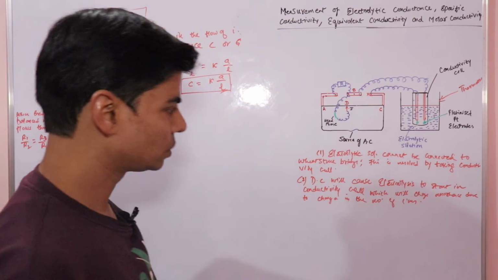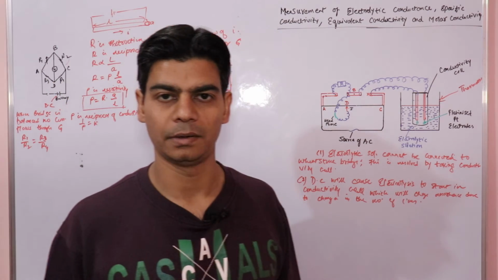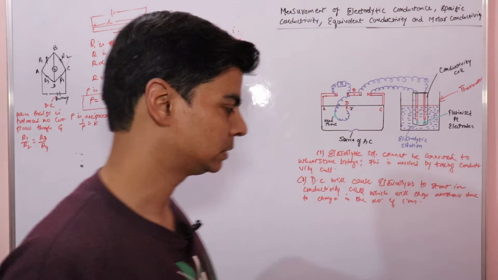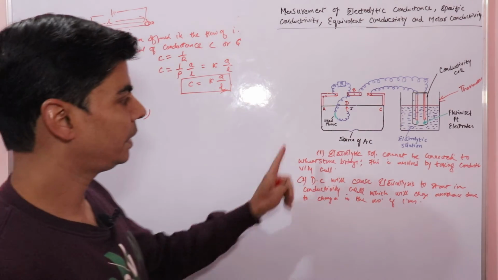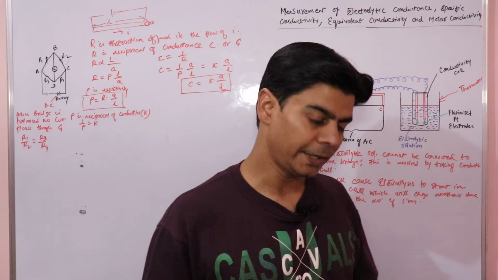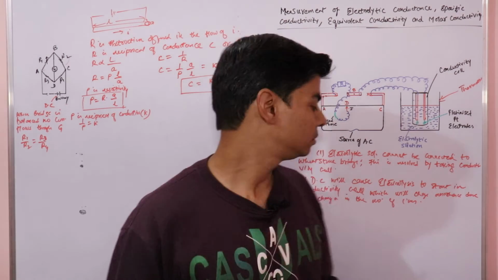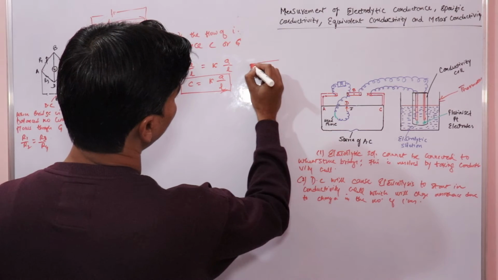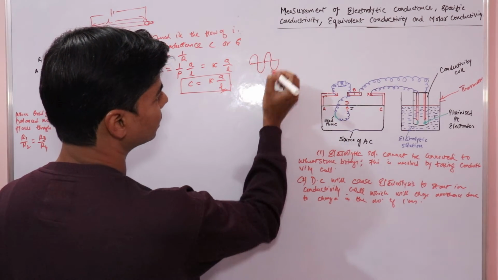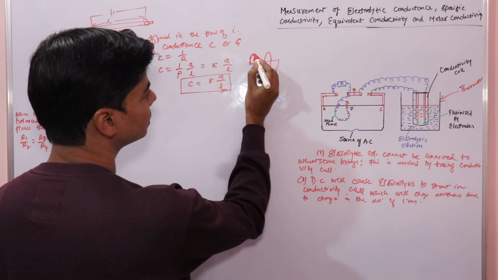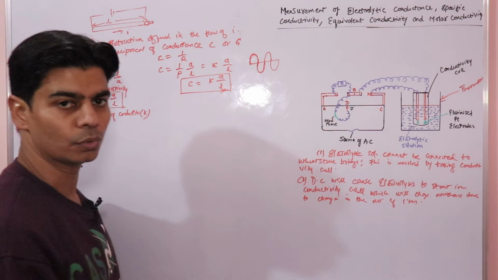So this problem is resolved by taking alternating current instead of direct current, right? If I take alternating current here, then in one phase current will flow, then in the next phase current will flow the other way. In one phase current will flow, and in the other phase it will not, right?